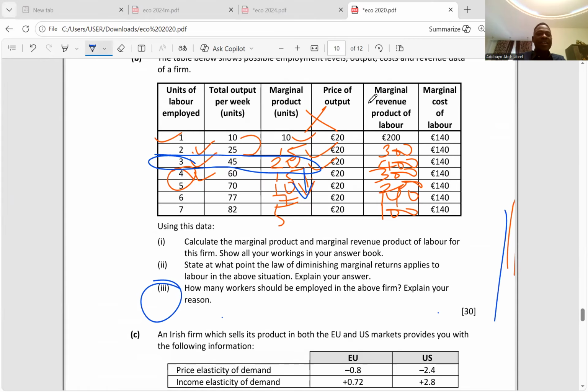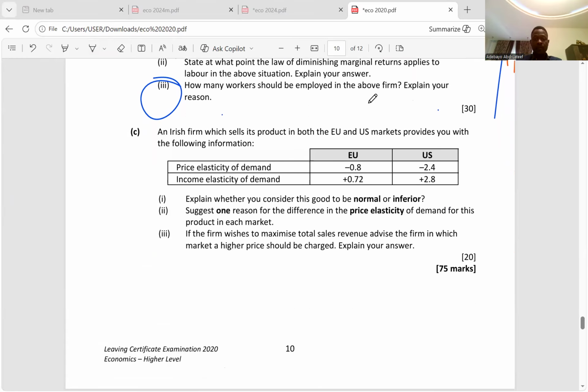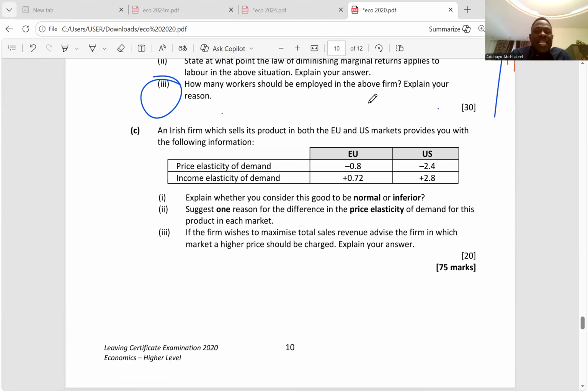So go to question C. Here they said an Irish firm which sells its product in both the EU and the US markets provides you with the following information. We have price elasticity of demand and income elasticity of demand of 0.8 and 0.72.